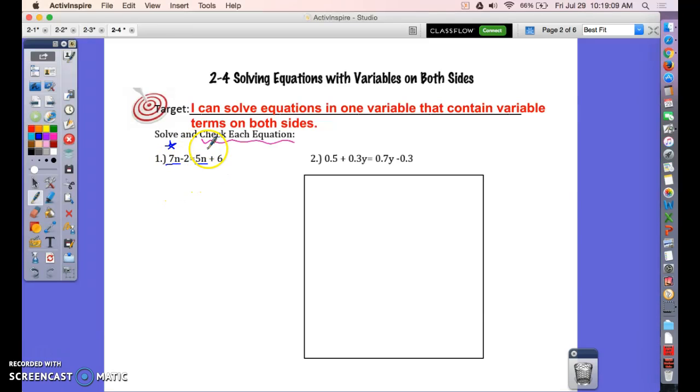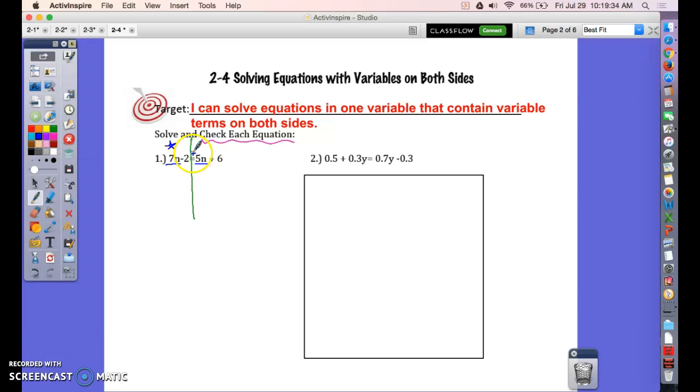In order to cancel out a 5n, remember we said it's a positive 5n, or we are adding 5n to the 6. I know it seems a little weird, but we want to get that 5n over there. You can't just cross over. There's an equal sign. It's like a barrier. So the only way that 5n is going to get over to the 7n is to use inverse operations.